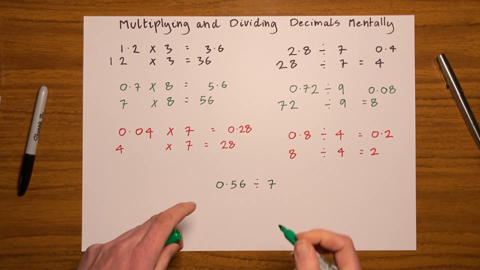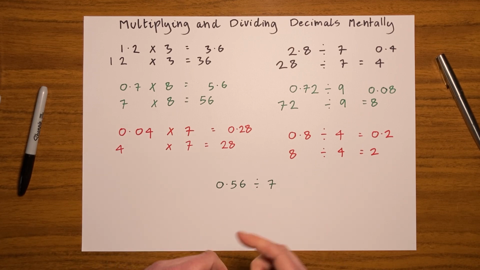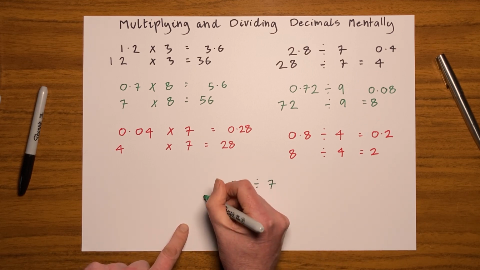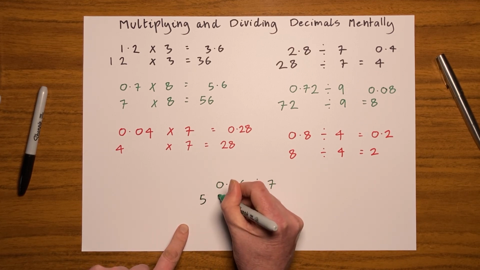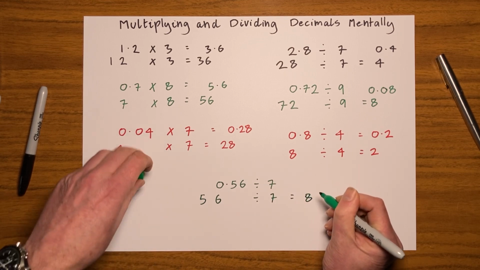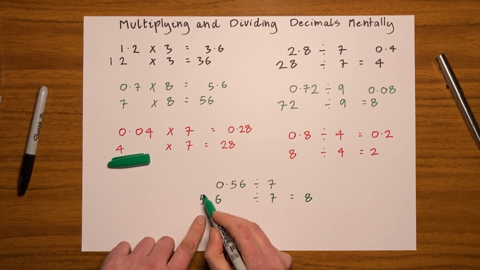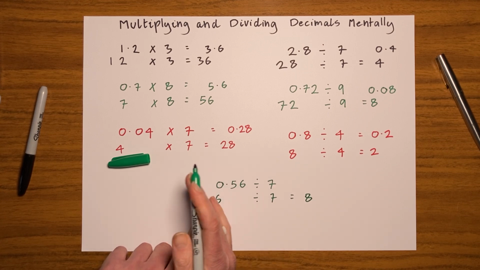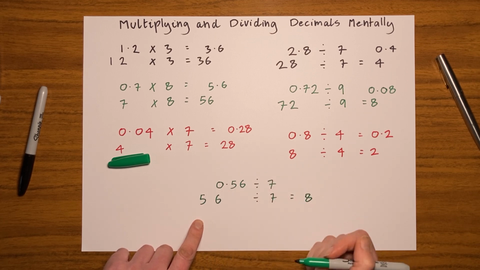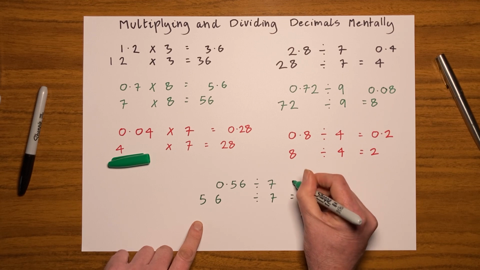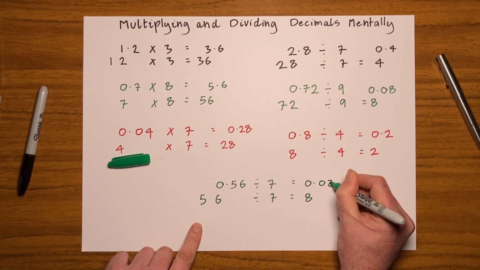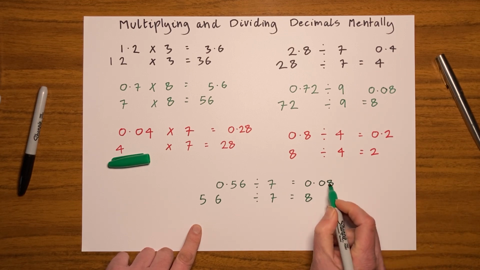Now I've got no idea how many 7s there are in 0.56 at the moment, but I do know as soon as I see 56, I know that's in the 7 times table, so I'm going to write it out. 56 divided by 7 is 8. 0.56 is 2 digits over, so it must be 10 times 10 smaller, which is 100 times smaller. So I need to make the answer 100 times smaller. So I will move it over into the hundredths column, 1, 2.